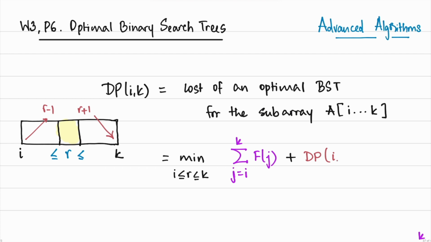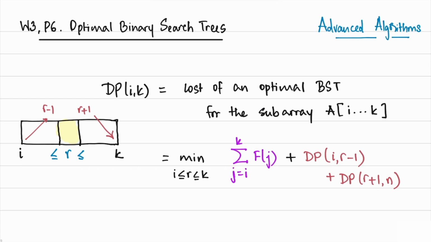So this is going to be dp of i, r minus 1 and dp of r plus 1, k. So that's basically the total cost associated with making r the root, right? So that's what's going on here, and that's pretty much it.